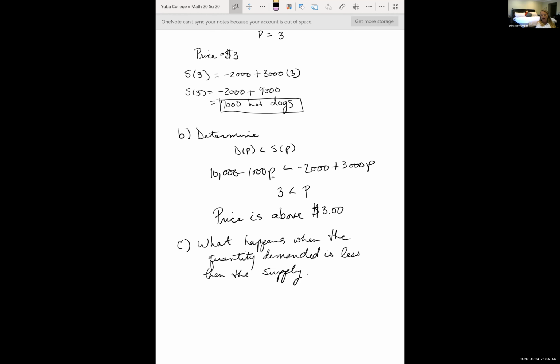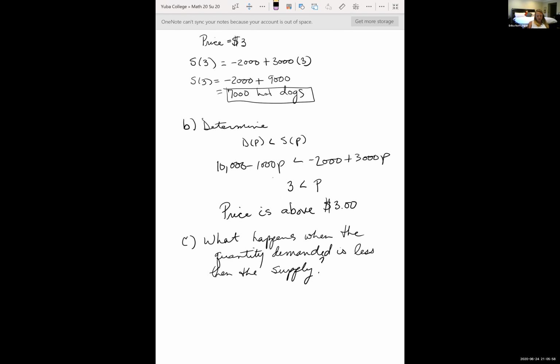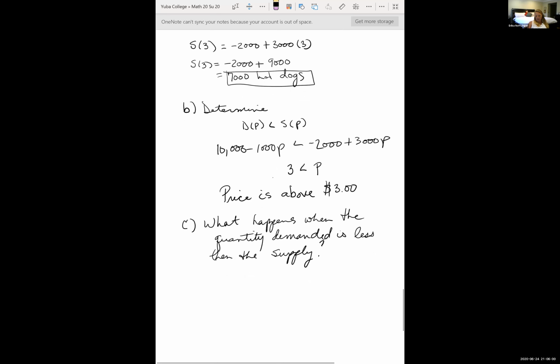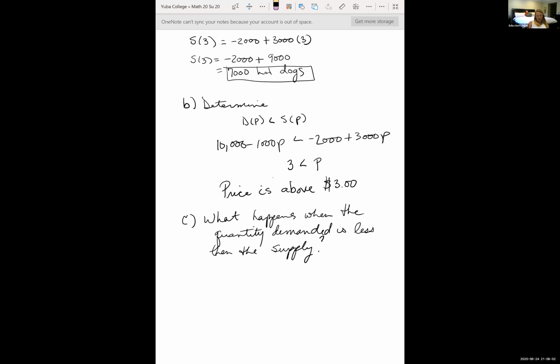Would you keep it at $3? Would you raise it above $3? Would you mark it below $3? People don't want your hot dogs. How are you going to get them to want to buy your hot dogs?